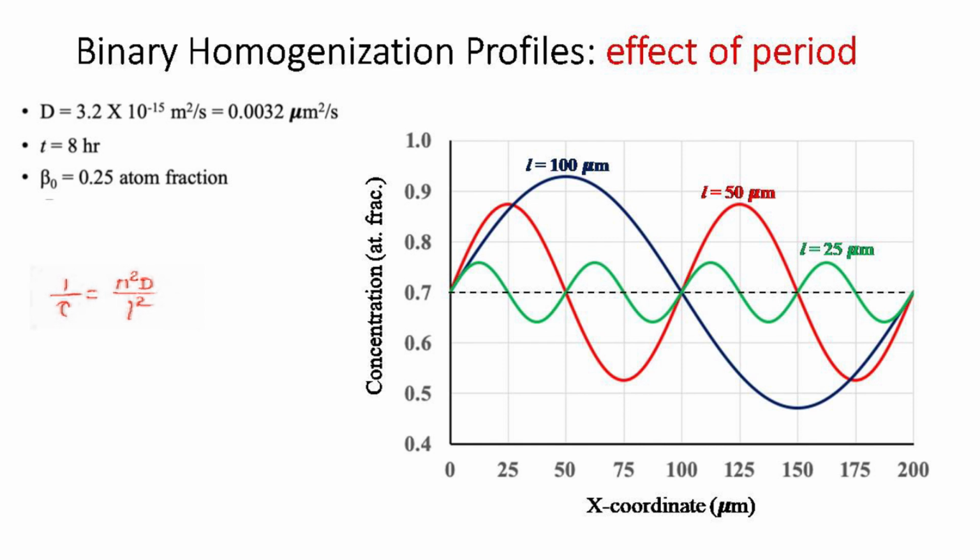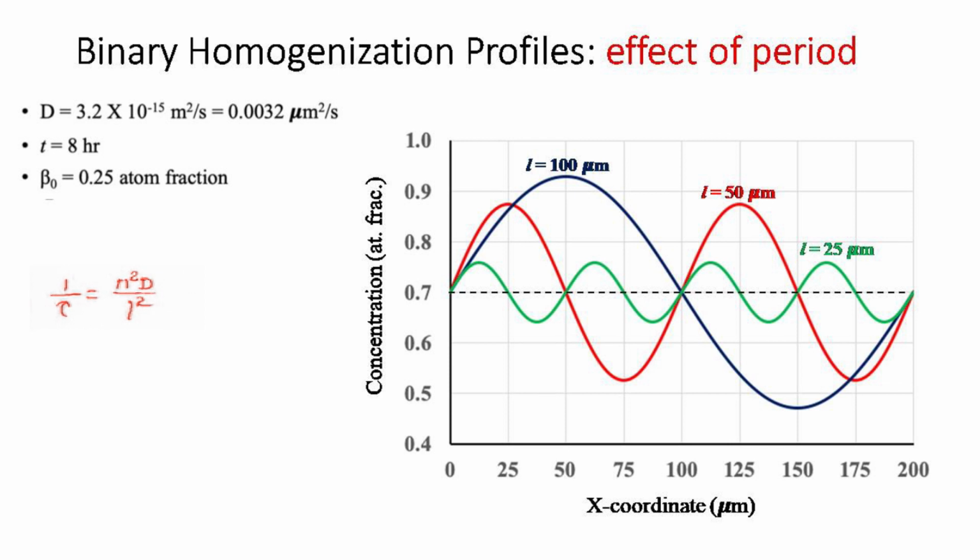So, again these are the concentration profiles with the similar parameters that we used for earlier profiles. The same value of diffusivity, beta 0 and C bar, and at t equal to 8 hours we have simulated for different periods.